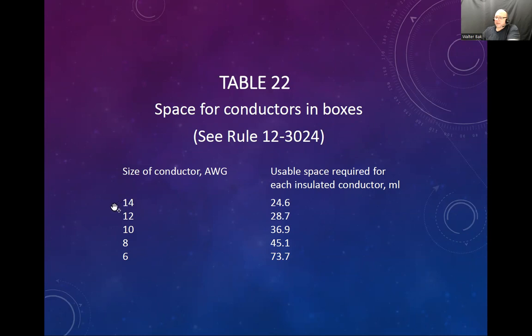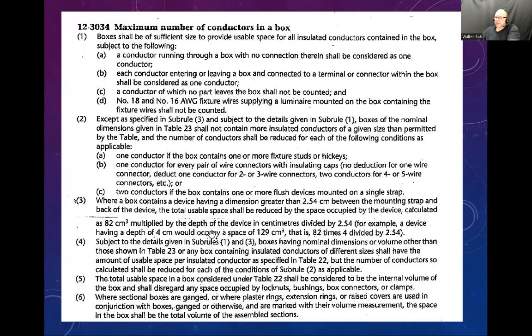Of course, if the gauge goes up, which means the wire gets thicker, which means the AWG number, American Wire Gauge, is lower, the conductor is thicker, and of course it needs more usable space. You see, these numbers go down, these numbers go up. Once you download this presentation, just take a look at this and it's going to make sense.